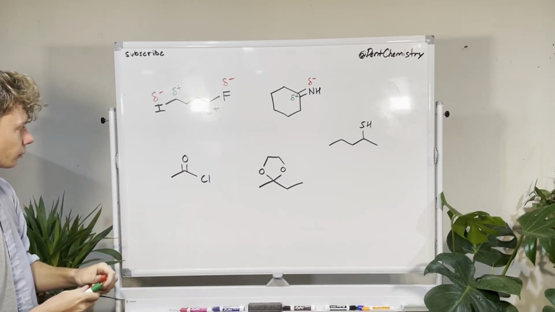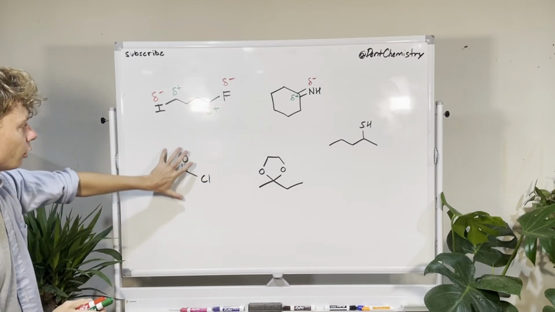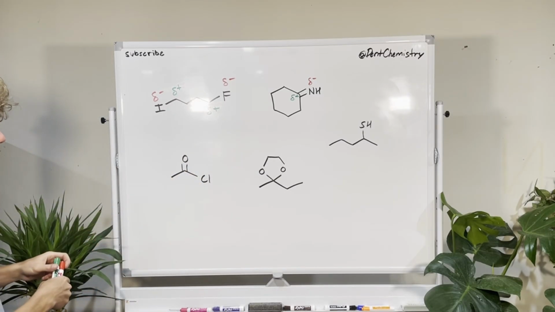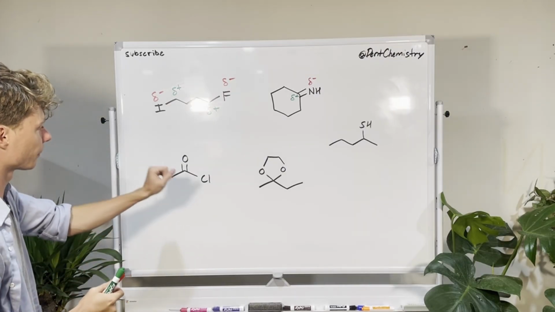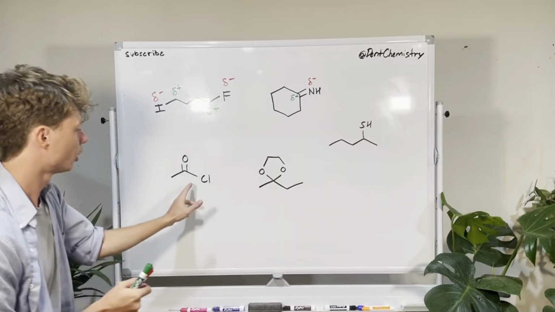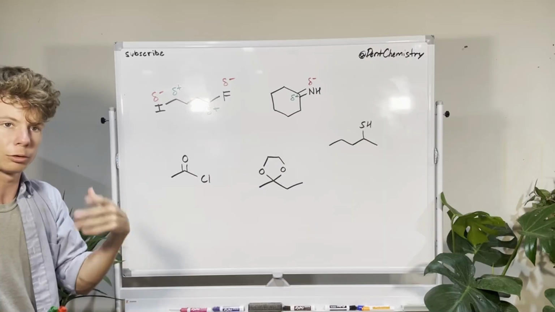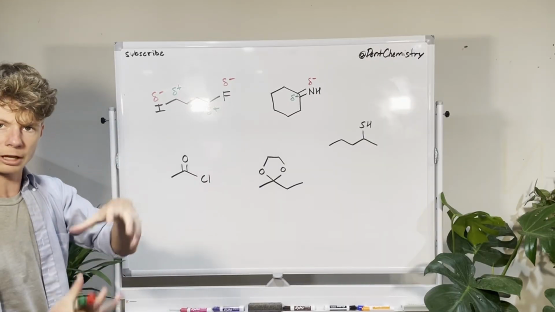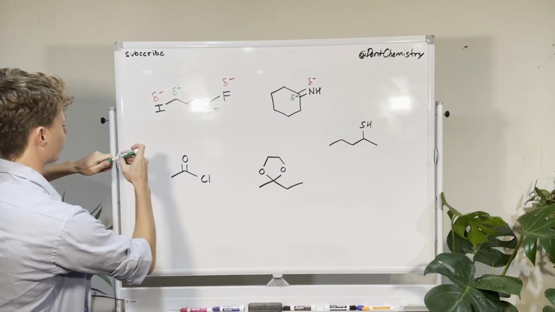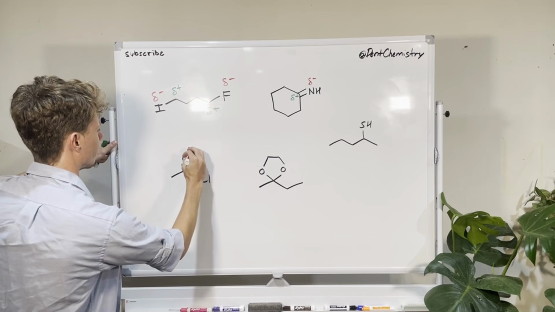Down here, I have an acid halide, an acid chloride group, with a carbonyl bond. I have an oxygen that's pretty electronegative, chlorine really electronegative, and the fact that I have a double bond also is going to increase that difference. So I would expect oxygen to be pulling electron density towards itself because it's bonded to a carbon.